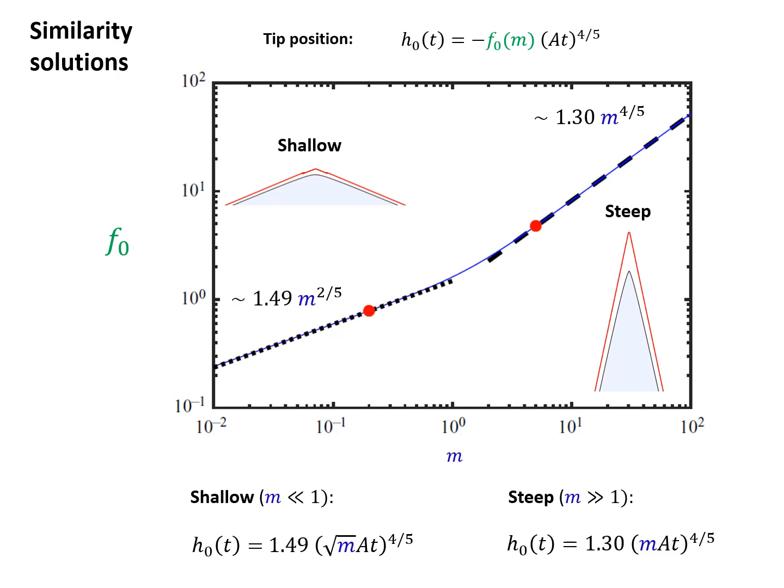What this reveals is that there are two different asymptotic regimes for dissolving or melting a body, one in which it's shallow and one where it's steep. In the shallow model, we get this asymptote, 1.49 m to the 2/5, and in the steep asymptote, we get this different asymptote, 1.30 m to the 4/5.